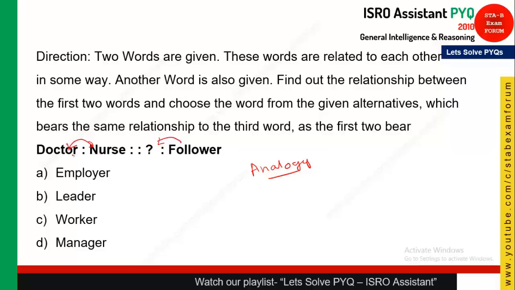Generally a nurse follows the instruction of a doctor. Similarly, out of these four options, who does the follower listen to? Leader has certain followers, and a follower generally listens to the instruction given by the leader. So option B seems to be the perfect one. Option B is the right answer.